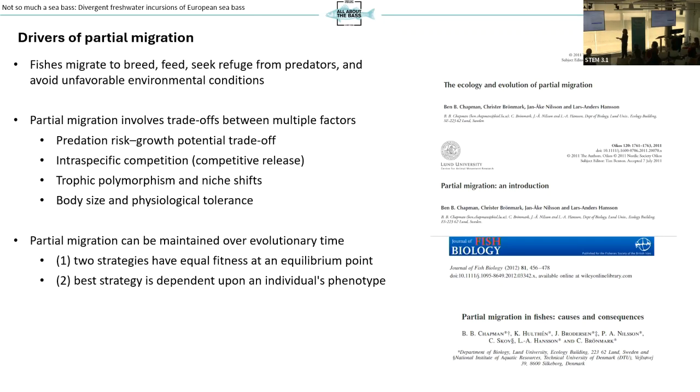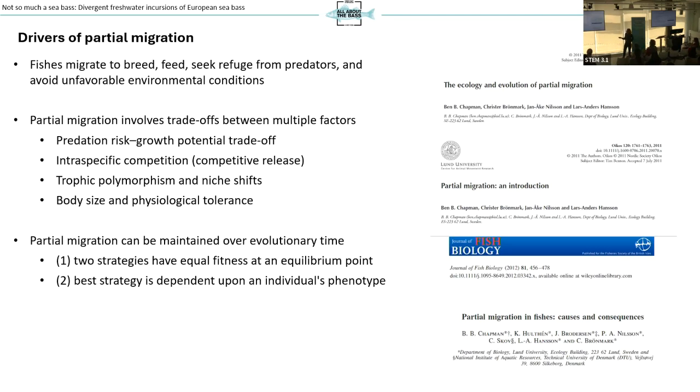Another mechanism believed to be involved is competition among the individuals in one place, which makes some of the fish move to others. Also, changes in feeding behavior, what they're feeding on, can lead to part of the population moving, and body size and physiological tolerance can dictate what portion of the population will move or stay resident.